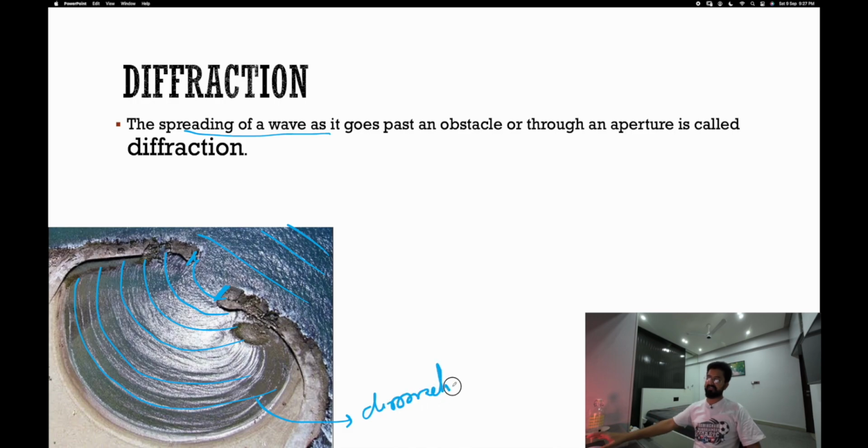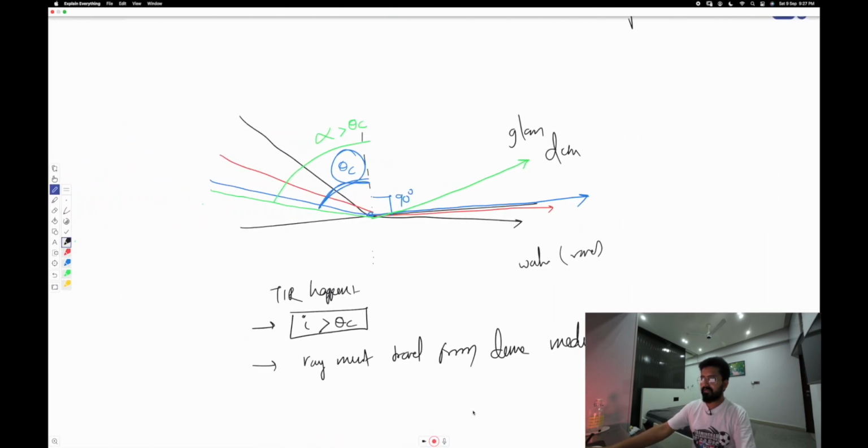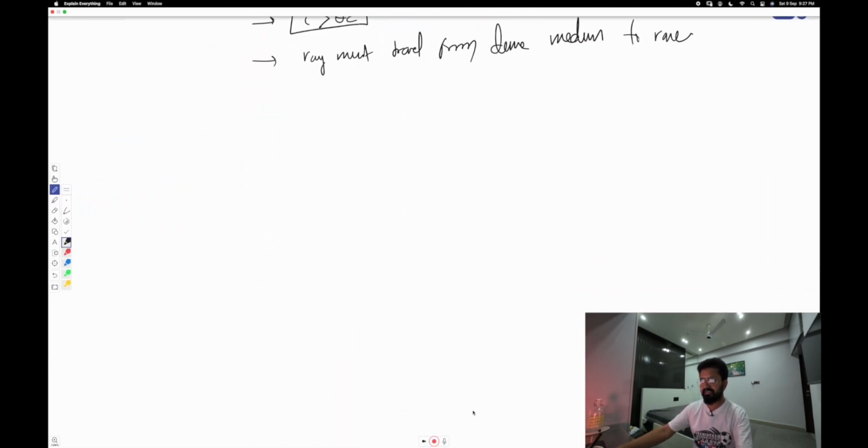Okay, so let us understand why diffraction happens. If I have a small narrow gap, hypothetically, what do we predict?